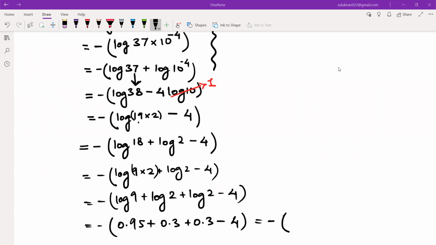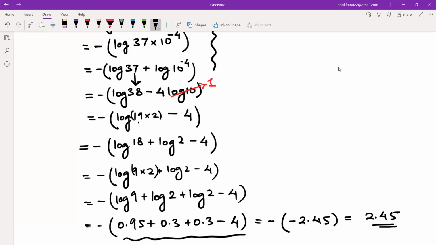So first of all, calculate this and tell me what is the value? Negative 2.45. This will be equal to 2.45, right?